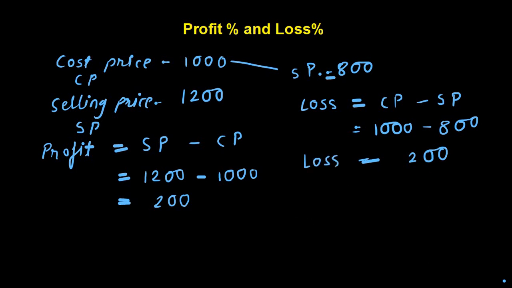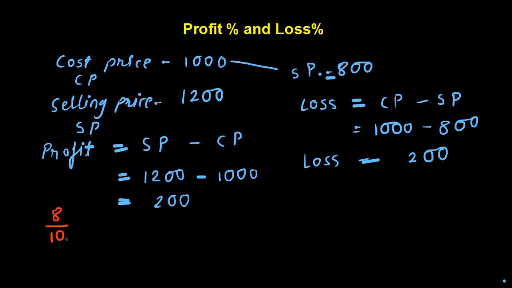So this is how we can find profit and loss. Now we are moving towards the profit and loss percentage. Let's find the formula first of all. Let me give you an example. Suppose you got 8 marks out of 10 marks, and I ask you to find the percentage.